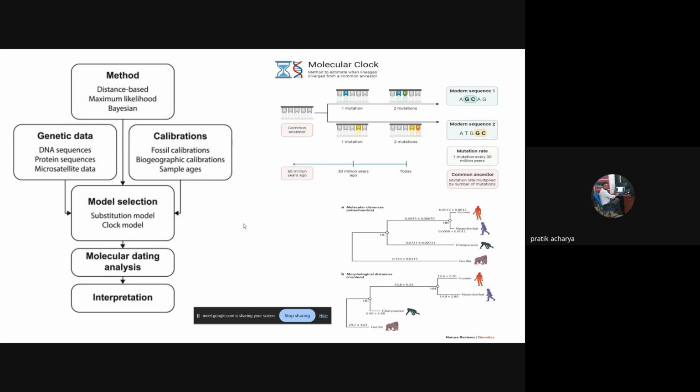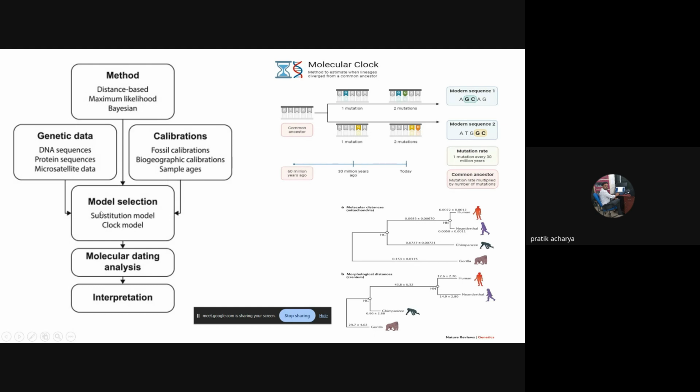Just look at this picture. Distance-based, maximum likelihood, the Bayesian method. Genetic data collection was there: DNA sequences, protein sequences. Then calibration is essential. Calibration means checking by different fossil records.